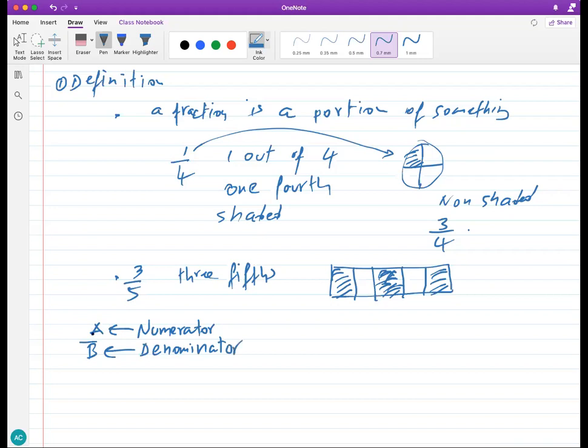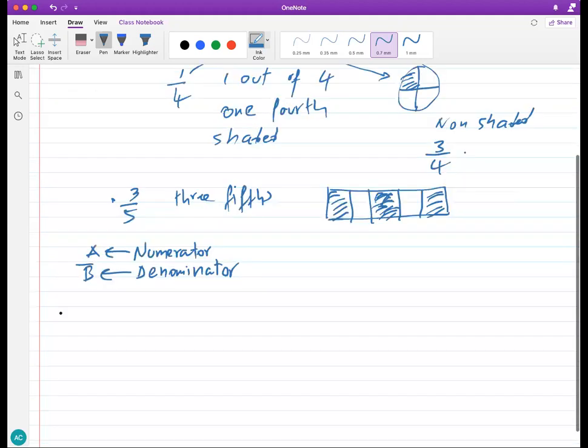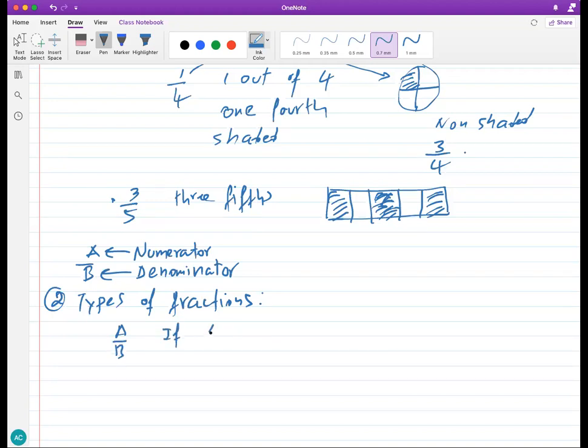Depending on which one is larger, the fraction could be either proper or improper based on these numbers. So we see which one is higher. So we have types of fractions. A over B. If A is larger than B, if the number at the top is higher than the bottom, what type of fraction would that be?